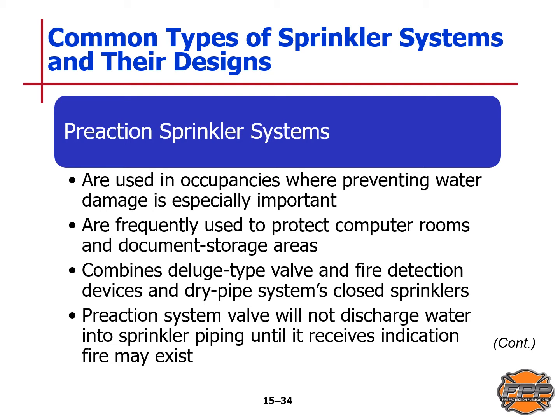They combine deluge types of valves and fire detection devices. Pre-action system valves will not discharge water into the sprinkler piping until they receive indication that a fire may exist.